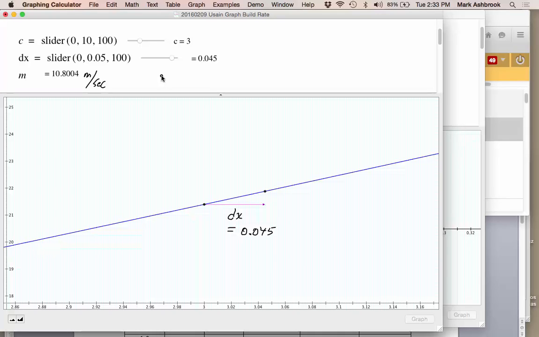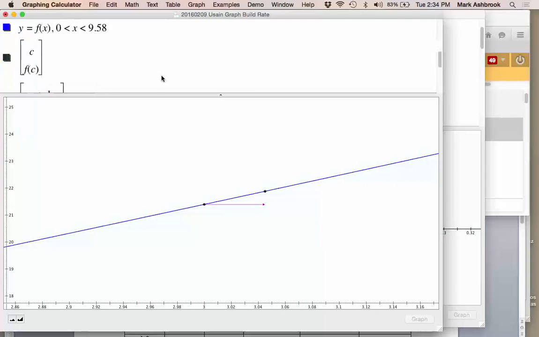Okay, so let me show you. What's the first correspondence point? Generically, for c, the first correspondence point will be c, comma, f of c. What's the second generic correspondence point? What's the x-coordinate of that point? c plus dx, right?